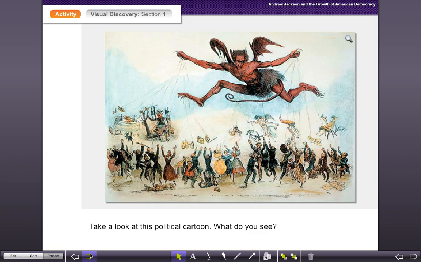Take a look at some of the details in this political cartoon and think about what you see. So, who do we think the animal at the top represents?